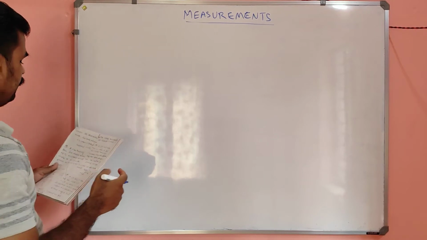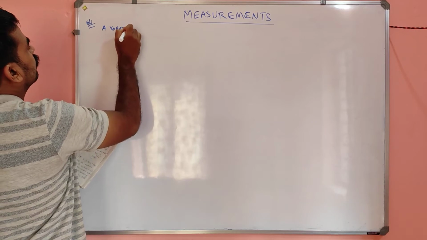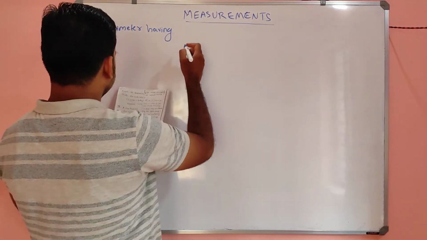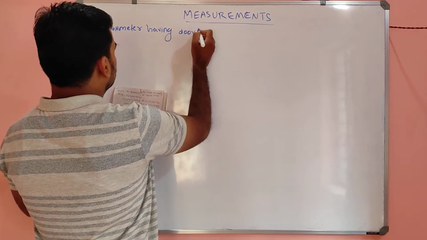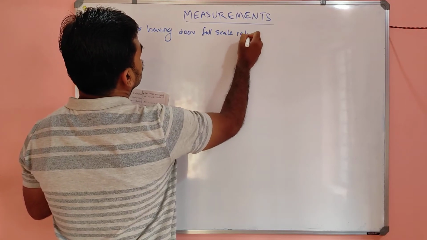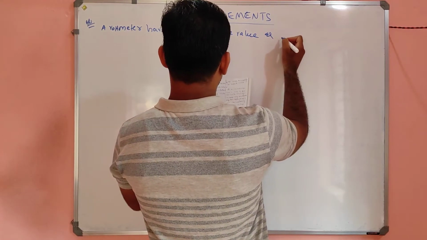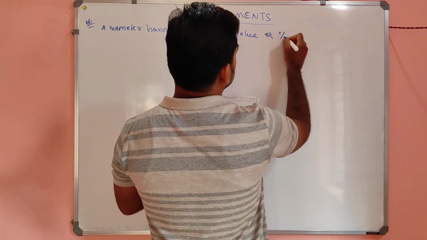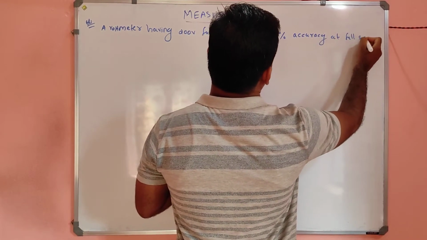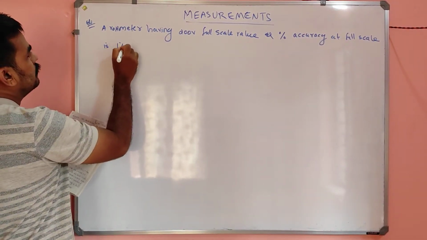A voltmeter having 200 volt full scale value and percentage accuracy at full scale is 1%.